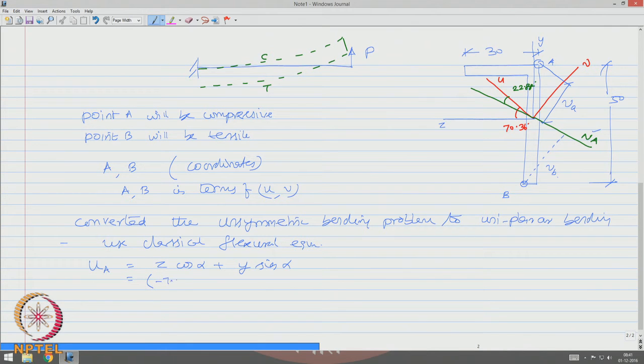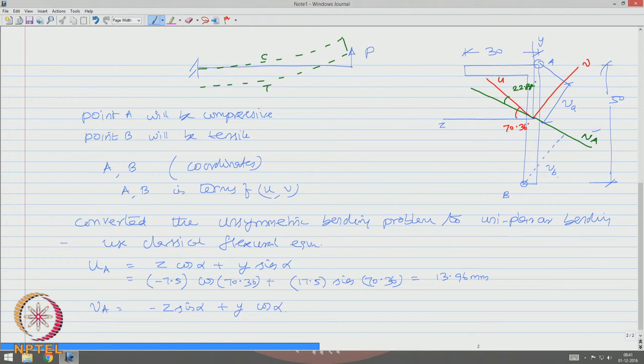So, z is minus 7.5 cos 70.36 plus y is measured positive, so 17.5 multiplied by sin 70.36, which I get as 13.96 millimeter.